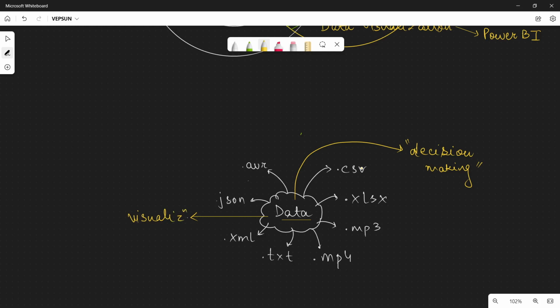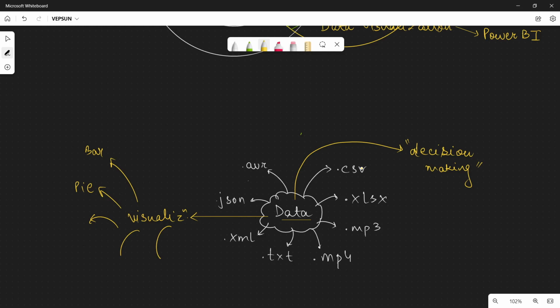Now, for visualization, we have different options available. We can use bar graph, we can use pie chart, we can use histograms, we can use other many options. Like you can have scatter plot, you can have relational plot, you can have box plot, swarm plot, heat map, joint plot, and many more.